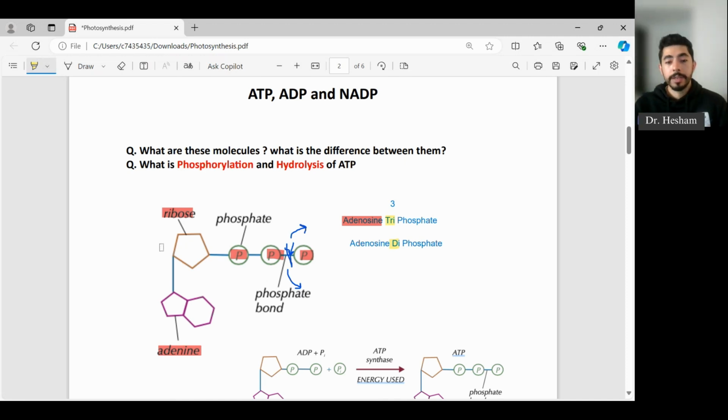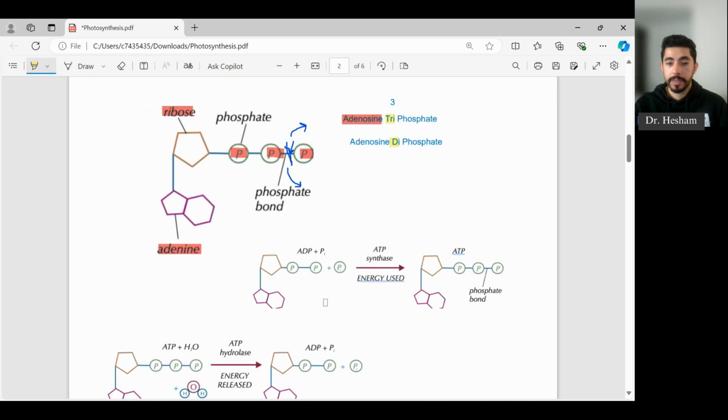So you have adenosine diphosphate just like this: 2 phosphates, a ribose and adenine. You add to them a phosphate group, and to create the phosphate bond, you will need energy. So this is the energy that I want my ATP to carry. I give it in the form of making this phosphate bond.